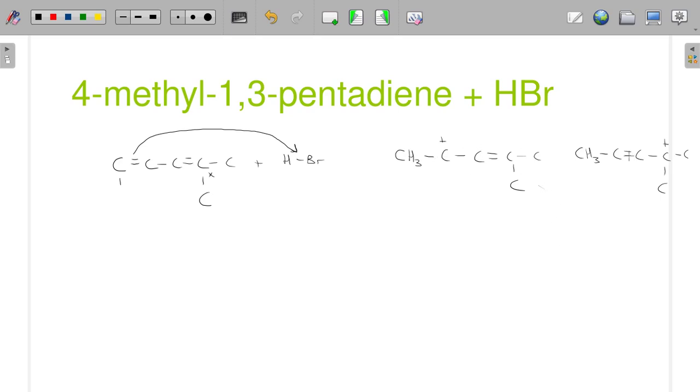All right, and because these are my 2 products, or carbocations, I know I'm going to get one where the bromine's at this location, and I'm going to get one where the bromine is there.